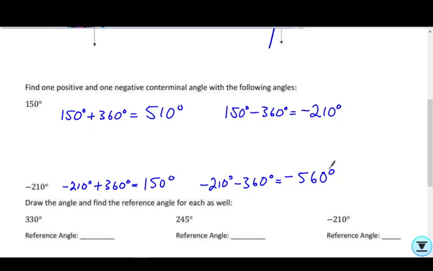The reason I did this is that since negative 210 and positive 150 degrees are coterminal with each other, that means 510 is also coterminal to negative 210, and negative 570 is also coterminal with all of these angles. They are all coterminal with each other, because they all differ by exactly 360 degrees, one rotation around the circle.